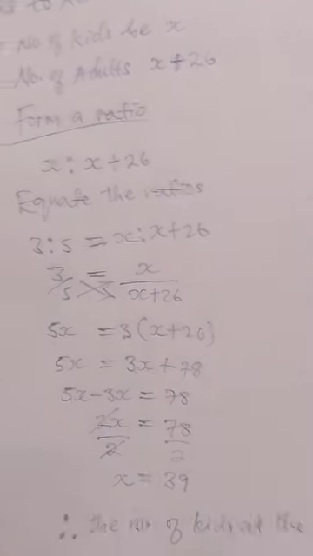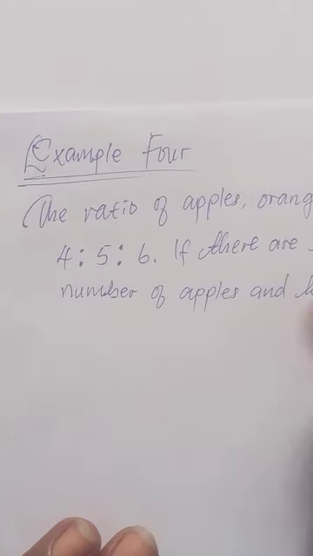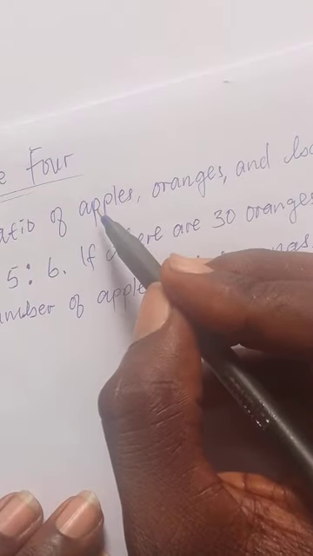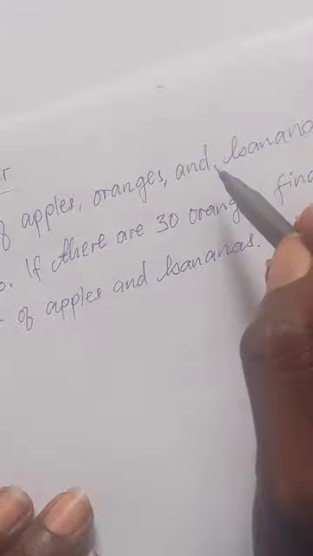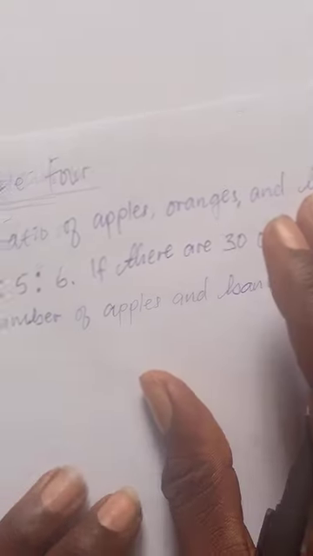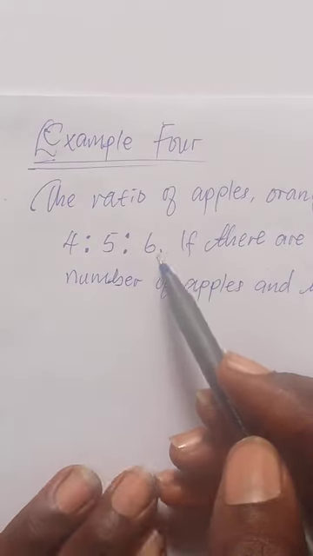Fine. So can we observe another example? Yes, example 4. In example 4, we are told that the ratio of apples, oranges, and bananas is 4 to 5 to 6.